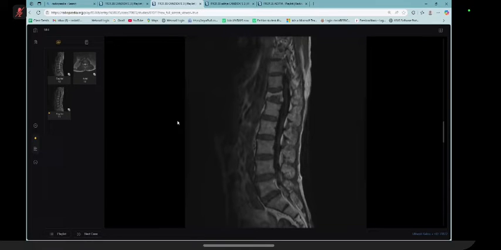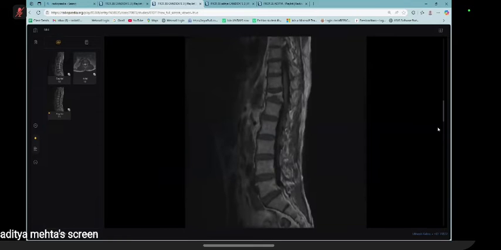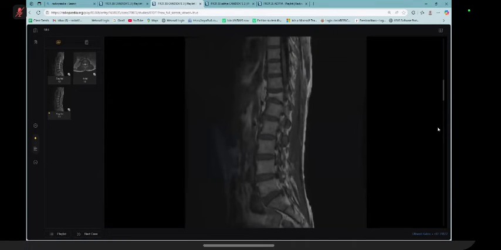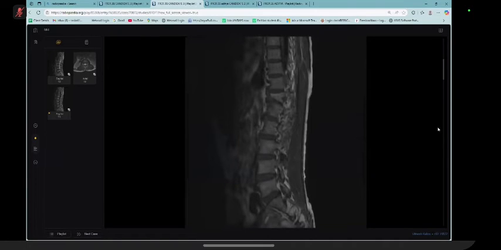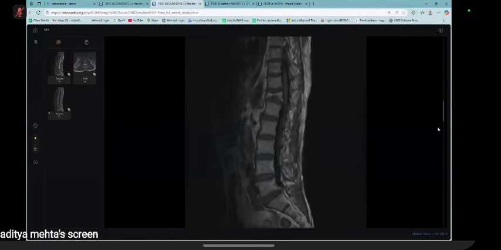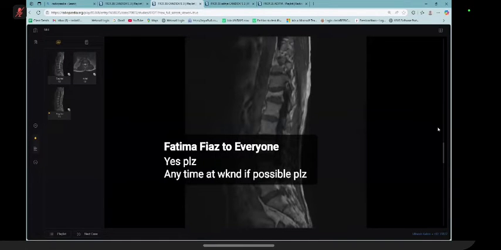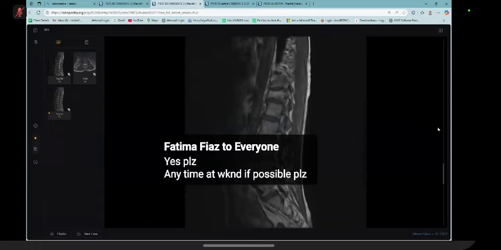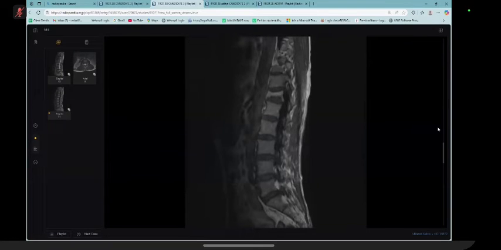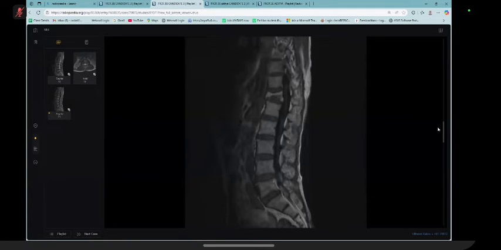I just want to scroll to see if there is any other abnormality. I couldn't see any abnormality within its signal, and at the same time I couldn't see any other abnormality within the other vertebral bodies.